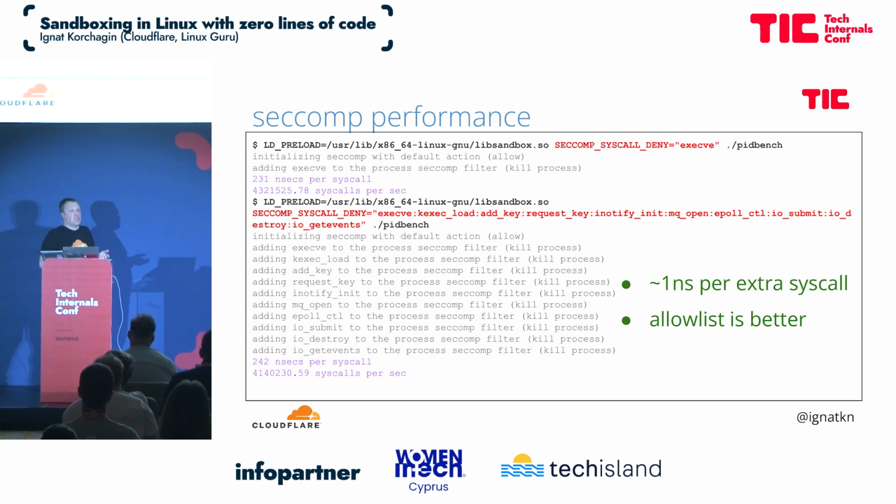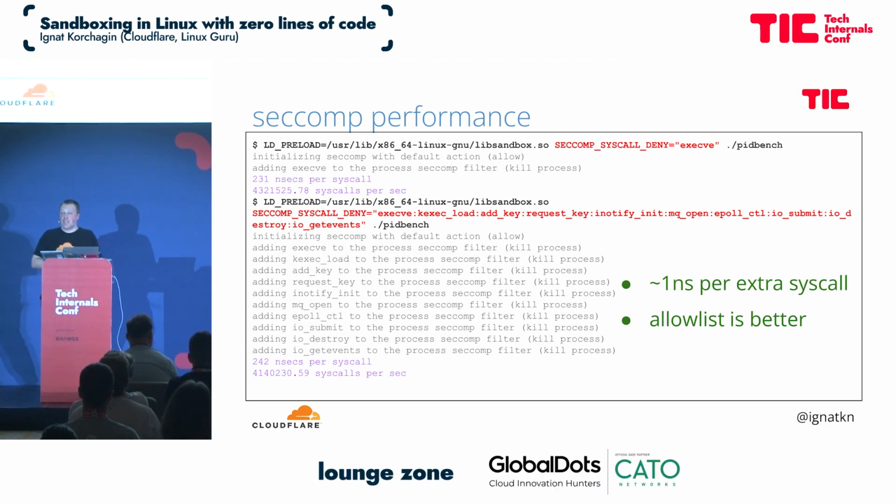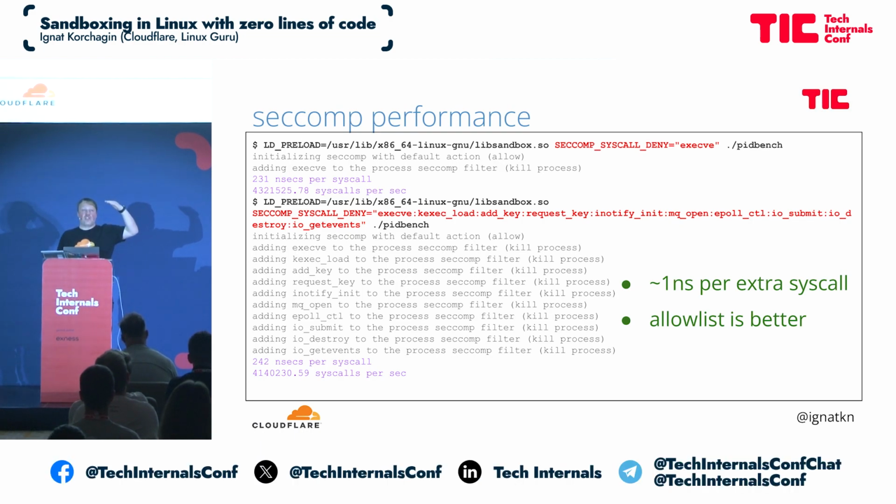And this brings us to the case that not only from a security perspective is an allow list better. It's also better from a performance perspective, because with a deny list, the way your program is structured, it checks the system call number against each entry in your deny list, and then it proceeds in the good case.